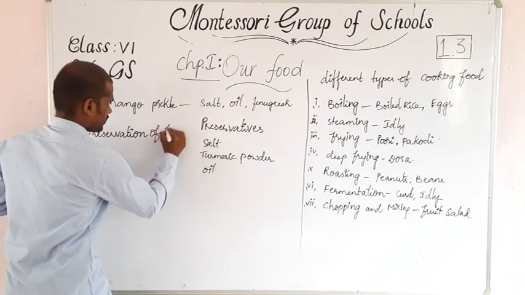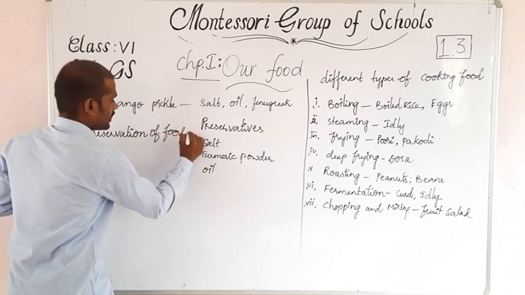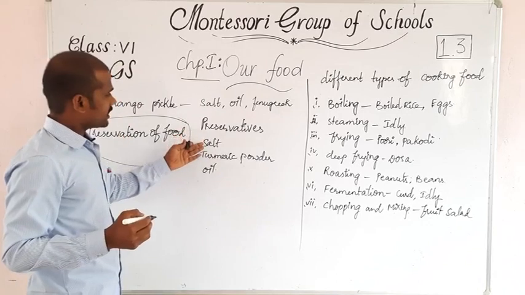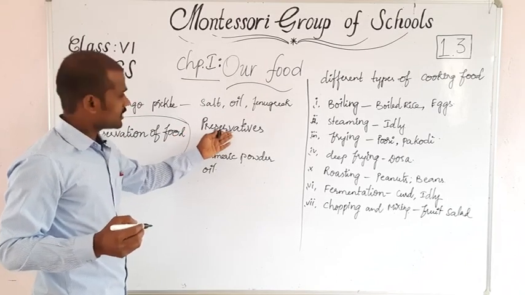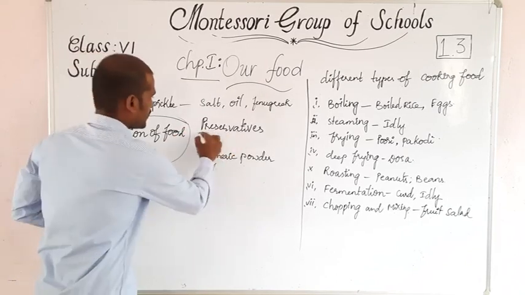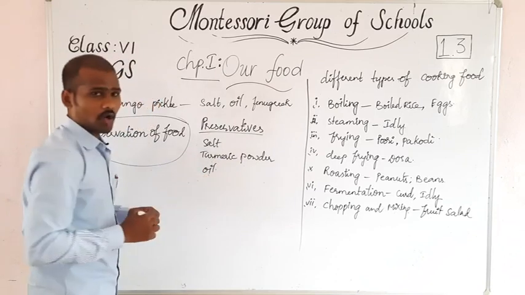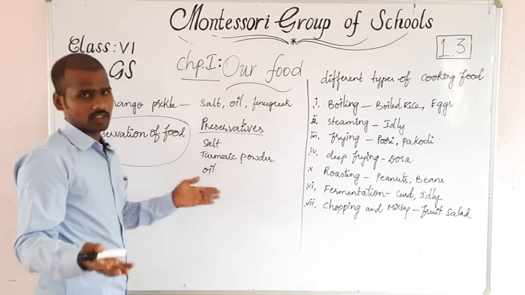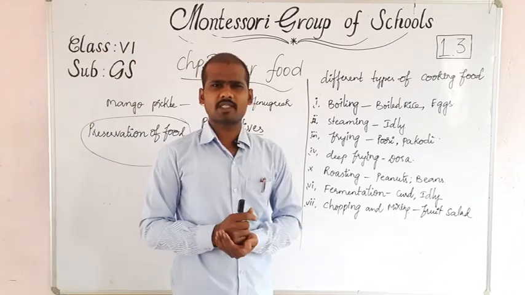Preservation of food: how will we preserve food? By adding different types of ingredients, which are called preservatives. Examples: salt, turmeric powder, and oil. By adding these preservatives, we can preserve food for a long time. These are the topics in our first lesson, our food.